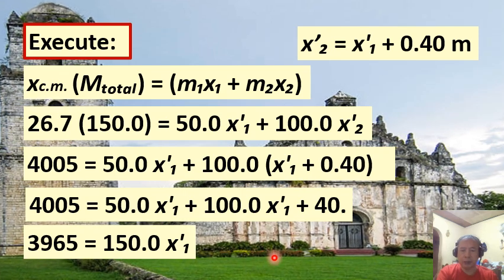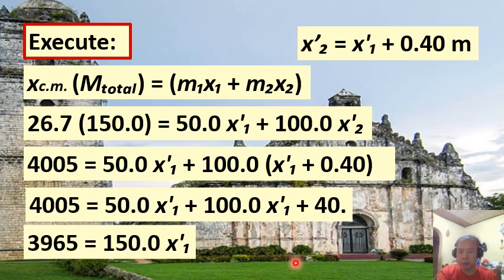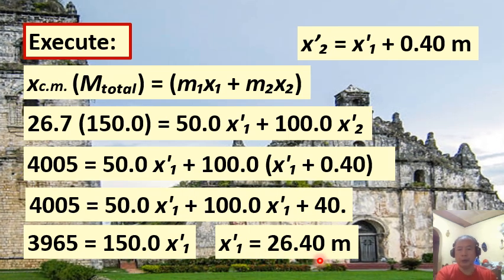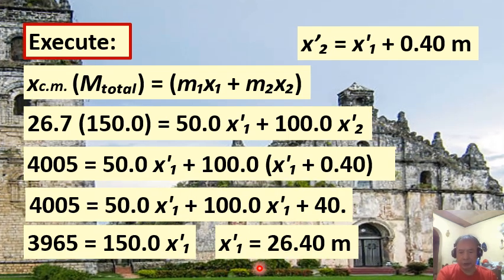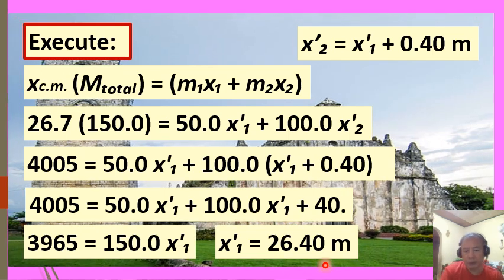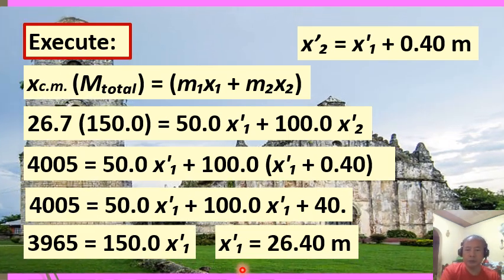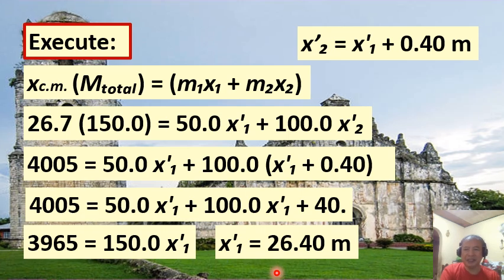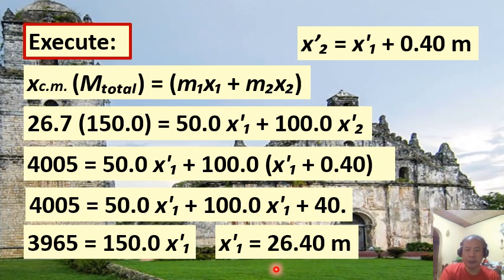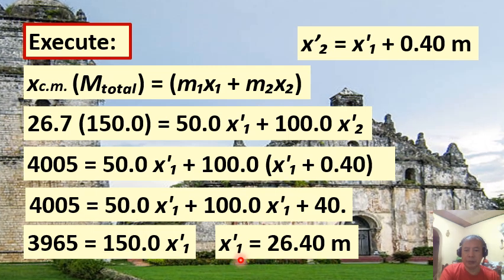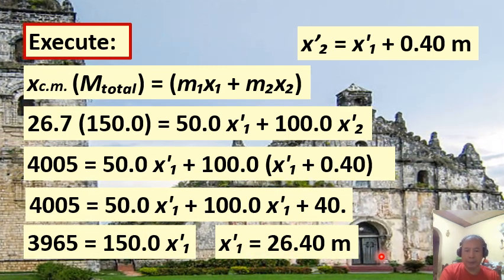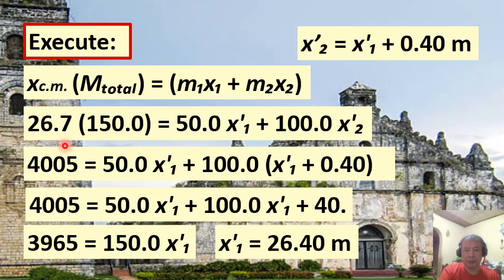So that x prime 1 will just be equal to 26.4 meters. So, in other words, upon collision, the center of sphere number 1, or x prime 1, is equal to 26.4 meters.